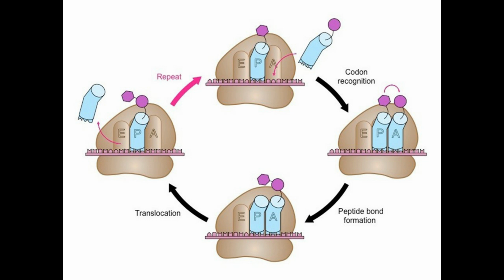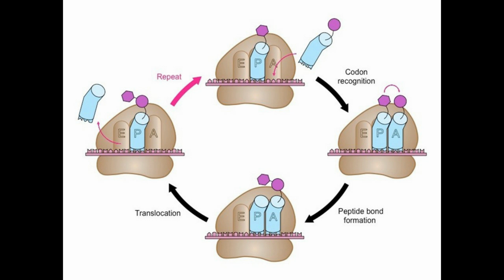The tRNA which is now on the P site, the empty tRNA, will now occupy the E site. And the tRNA which is now on the A site will migrate to the P site. So these tRNAs are not actually migrating, but it is the ribosome that moves forward.